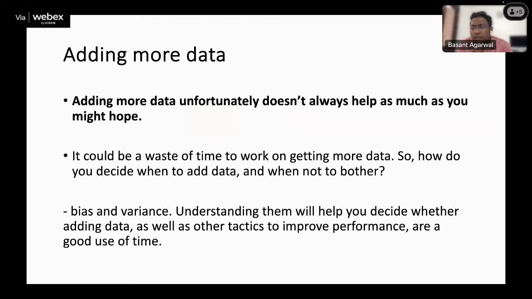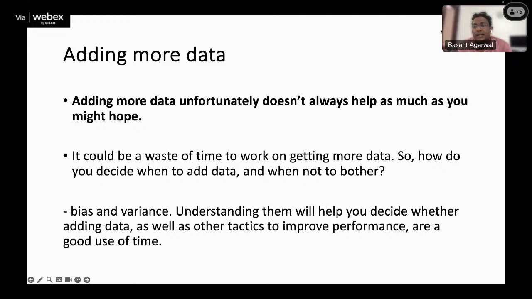The first point is whether adding more data will always help. This is a very common doubt: when we get low performance, just add more data. Let me tell you that when we train the model, if the training performance is low, adding more data will not help.